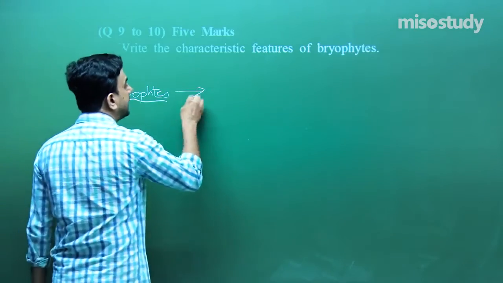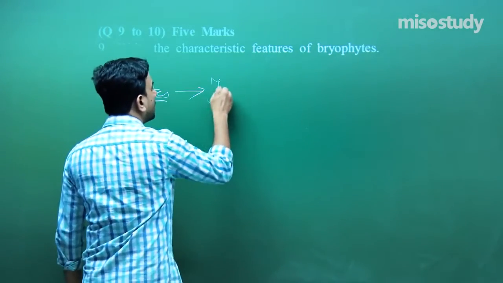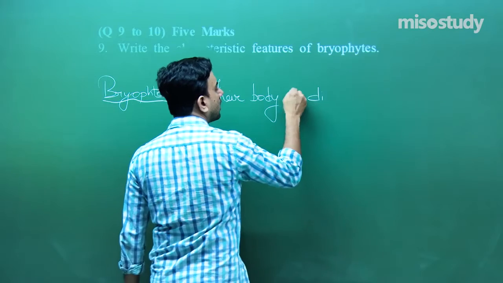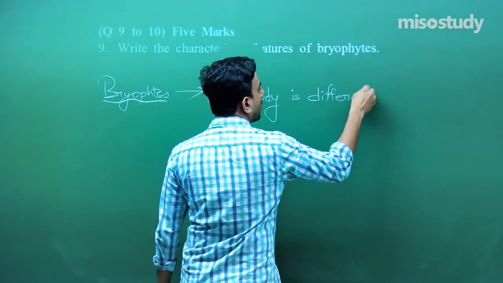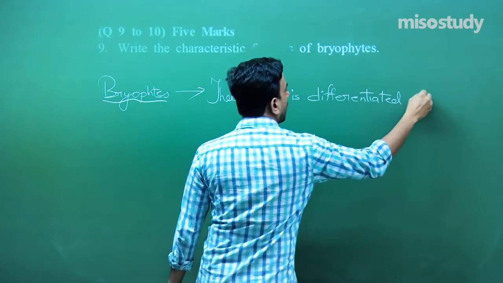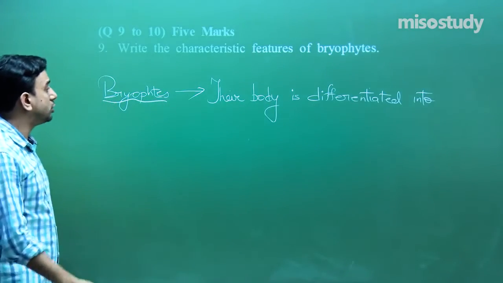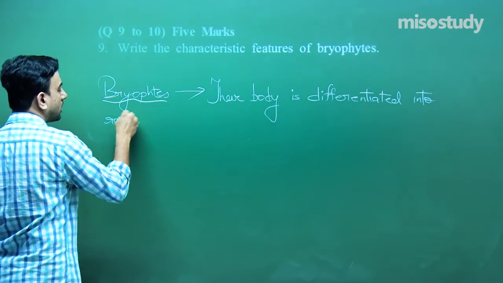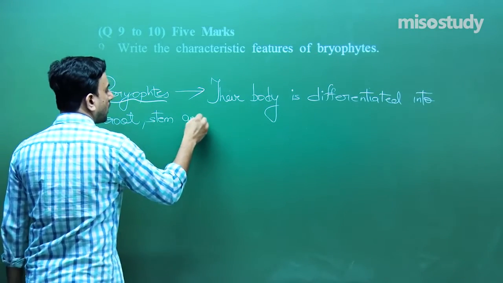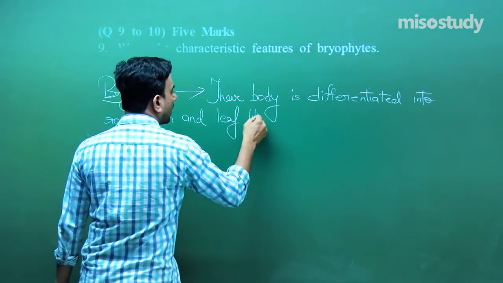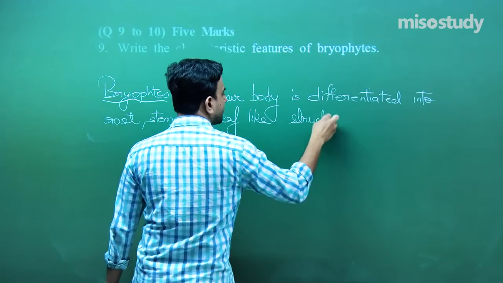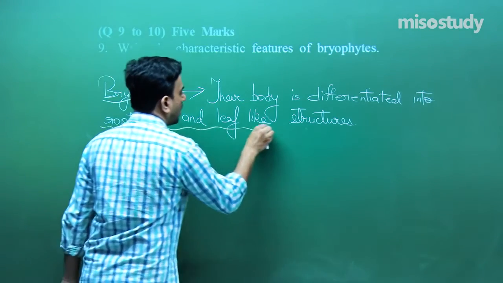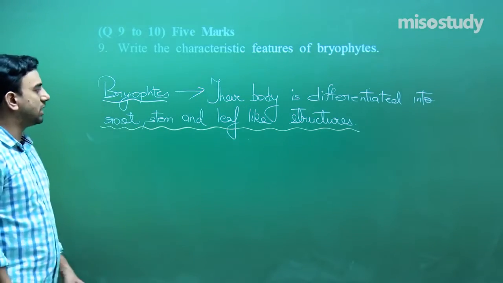In the bryophytes, the body is differentiated into root, stem and leaf like structures.